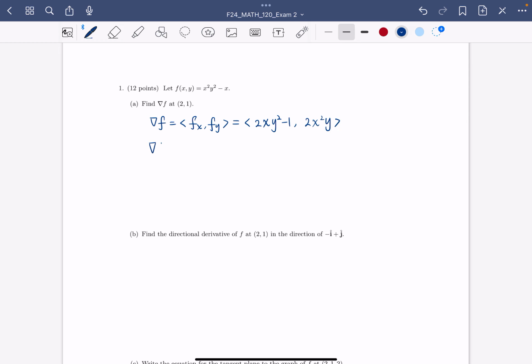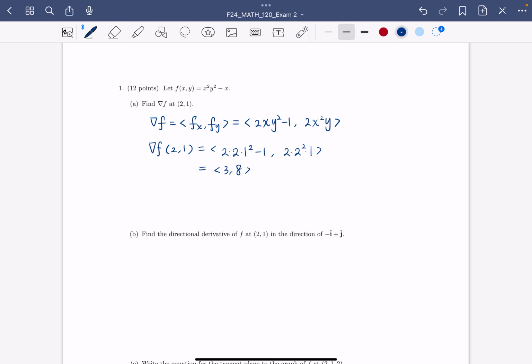Then if you plug in the point (2, 1), we get 2 times 2 times 1 squared minus 1, and 2 squared times 1. So in total, the vector you get is (3, 8).